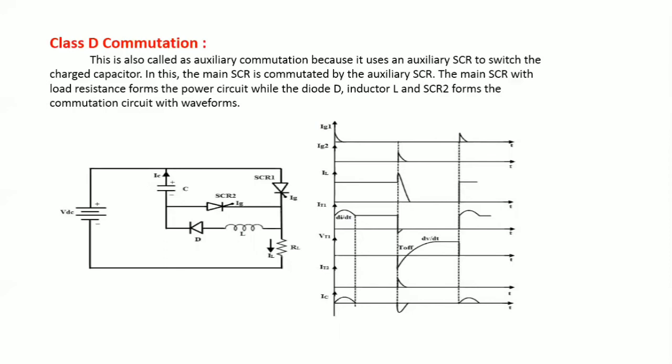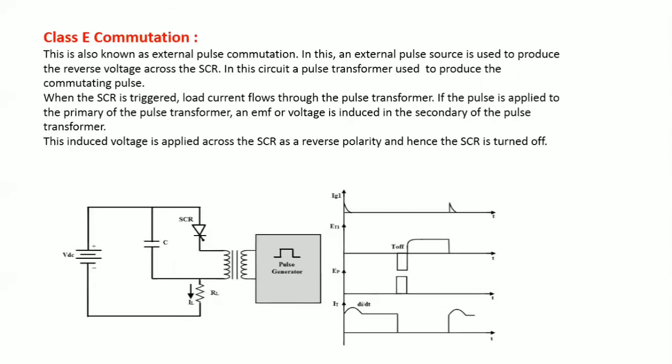The next commutation method is called Class E commutation method. This is also known as external pulse commutation. In this, an external source is used to produce the reverse voltage across the SCR. For this, a pulse transformer is used to generate the commutating pulse.